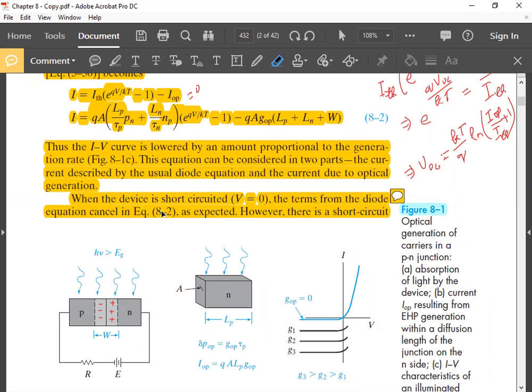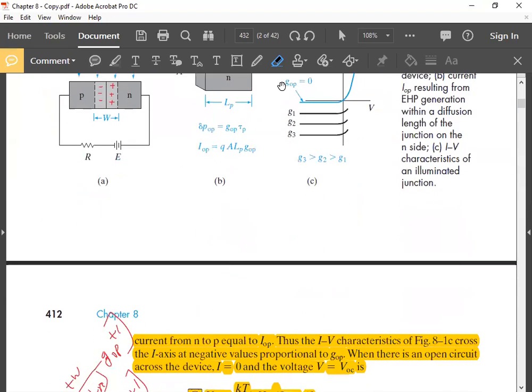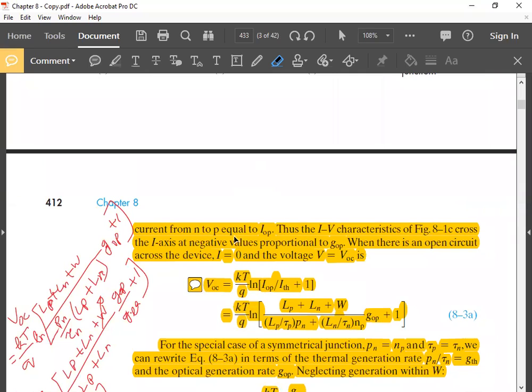When the device is short circuited, that means V equal to 0, the terms from the diode equation cancel, as expected. However, there is a short circuit current from N to P equal to IOP. Thus, the IV characteristics of figure 8.1c cross the I-axis at negative values proportional to GOP.